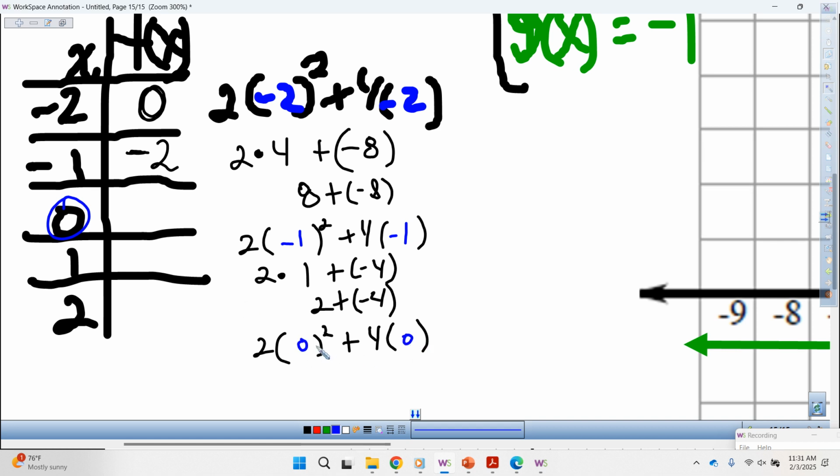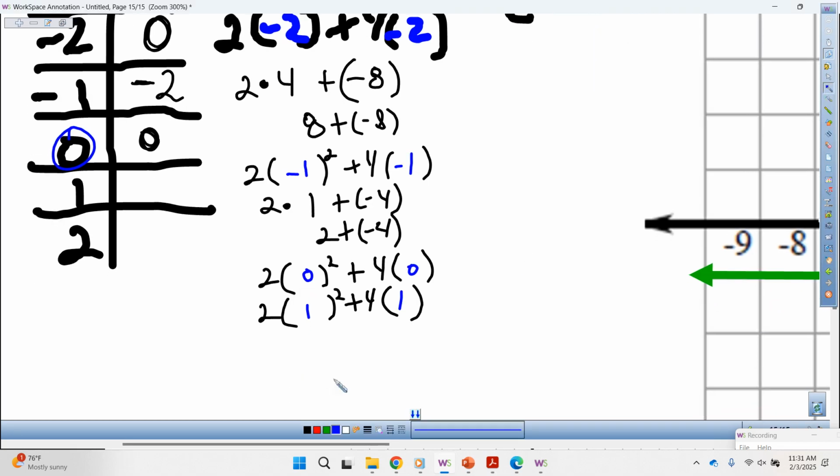What is 2 times 0 squared? 0. What is 4 times 0? 0. So this is 0. Next, my value is 1. We end up with 2 times 1 plus 4 times 1. So this is 2 plus 4, and that gives me 6.